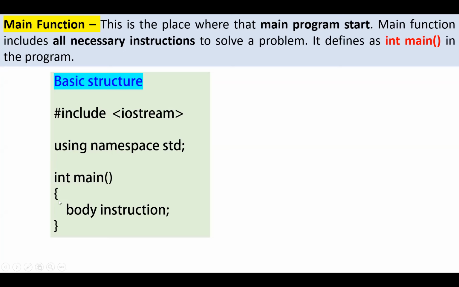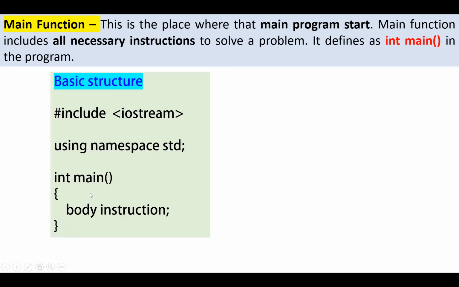Then, to open the main program, you use this symbol, the curly bracket. This curly bracket means open the main program. After opening the main program, you are allowed to give instructions. After you give all the necessary instructions to solve the problem, finally you want to close the main program, using this close curly bracket.